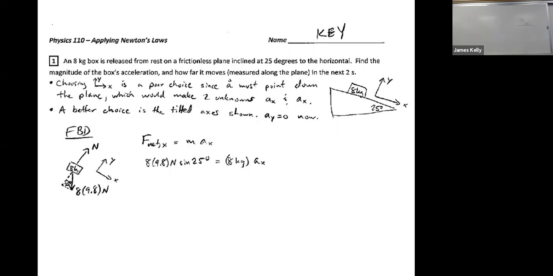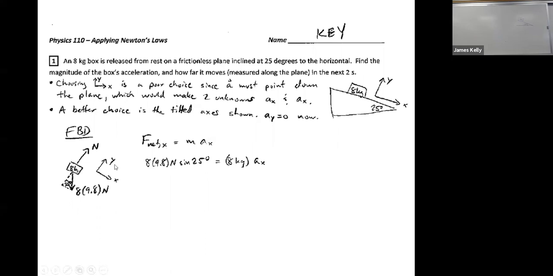It's 0, right? By definition, we chose the normal to be normal to the plane direction, and we chose our y to be in the direction normal or perpendicular to the plane. So we're talking about x components here. You don't want to mix up your x's and y's when you're doing F equals ma components. So this one has 0. I could have put a 0 plus there, but there's no reason you need to do that.